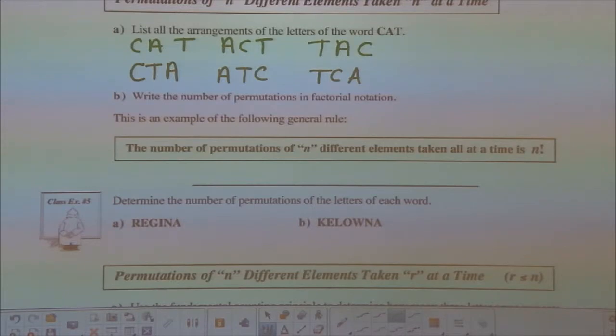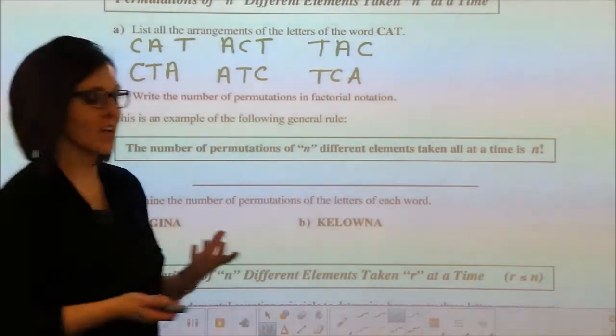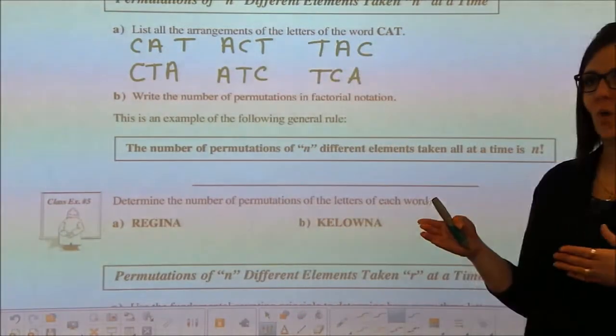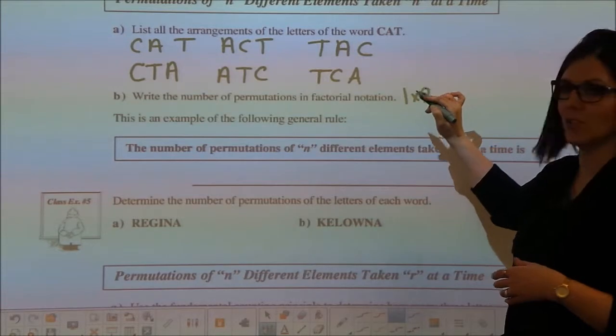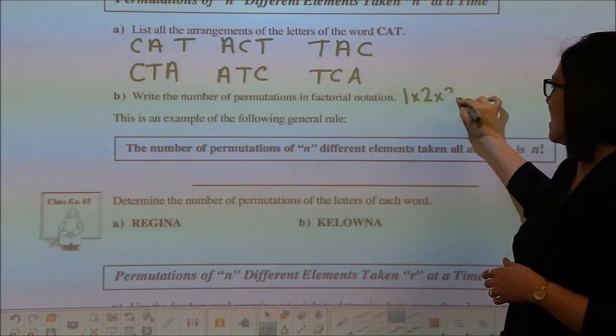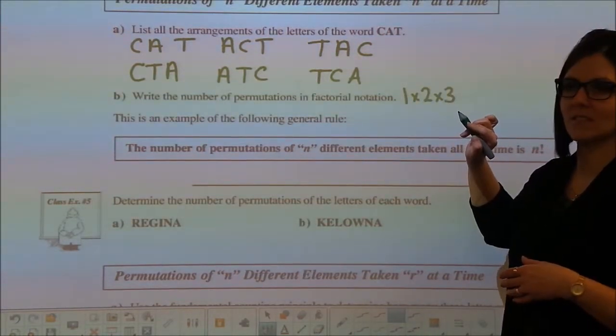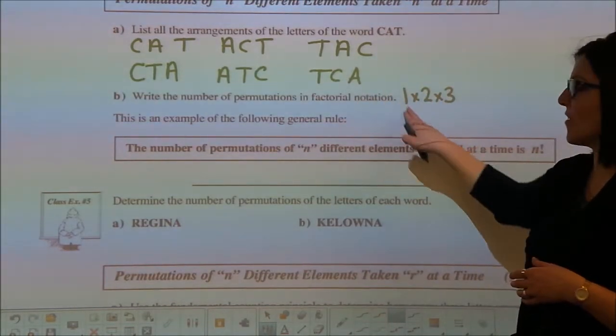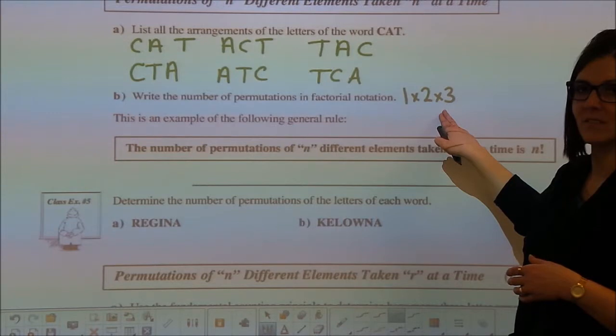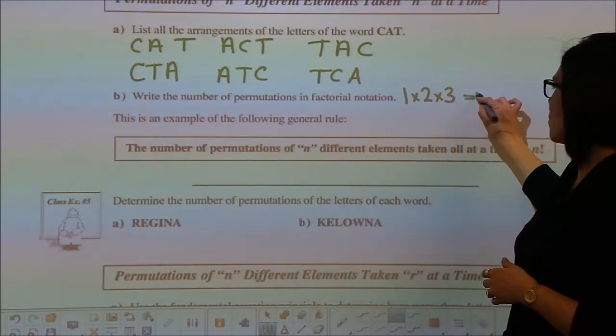So I have 6 different arrangements. So this time, instead of starting at the top and going to the bottom, let's start at the bottom. 1 times 2 is 2, times 3 is 6, which is what I have. So what is this as a factorial? 3 factorial.